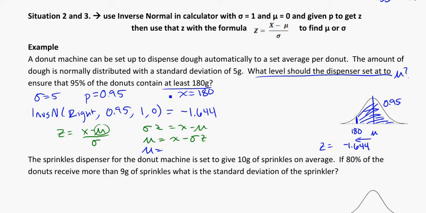Now I'm actually going to use my values, so I'll use these ones. My x value is 180 minus 5 times negative 1.644.